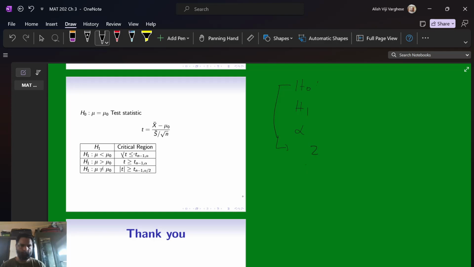Then based on H1, find out the critical region, either as Z less than minus Z alpha, Z greater than Z alpha, or mod Z greater than Z alpha by 2, or T less than minus T alpha by 2 in the corresponding degrees of freedom n minus 1, and so on.